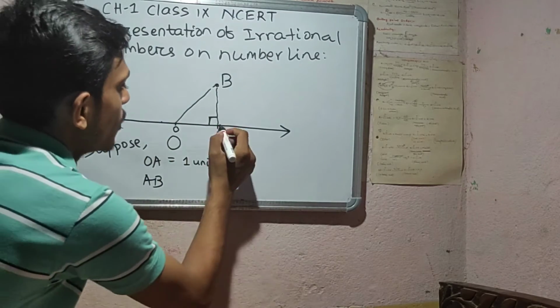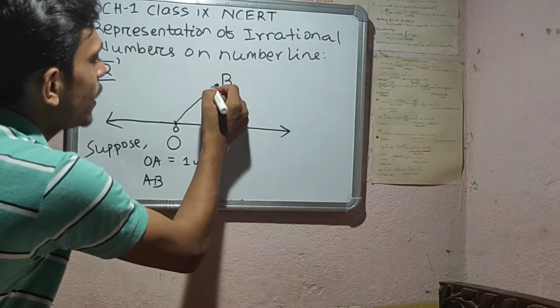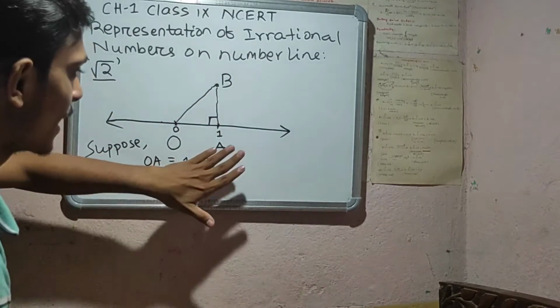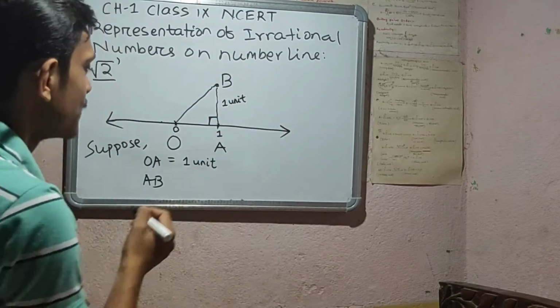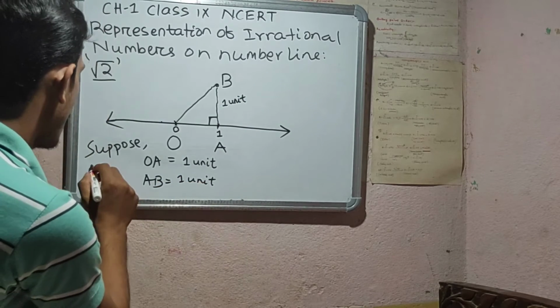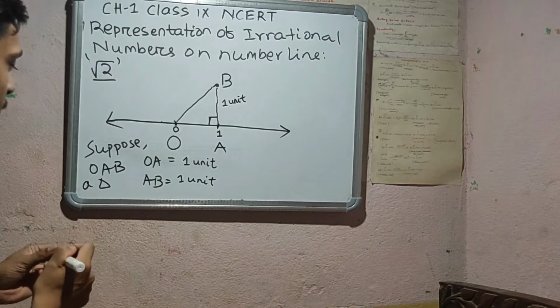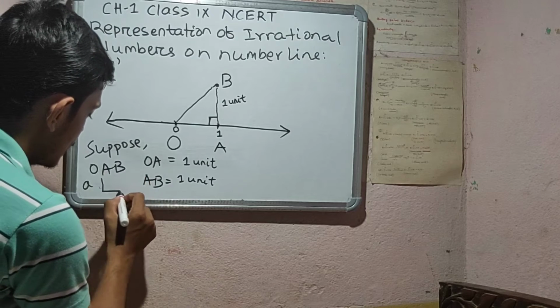I have drawn a right angle triangle, and this is also 1 unit. That is AB equal to 1 unit in the figure OAB, a right angle triangle. Clear?